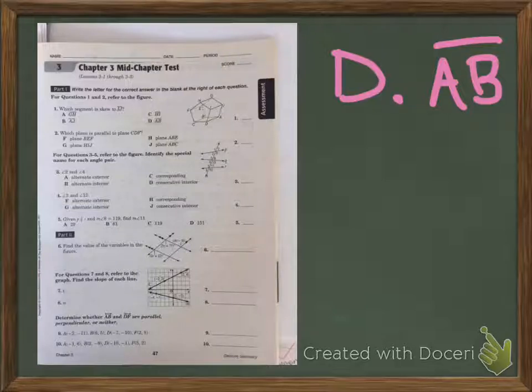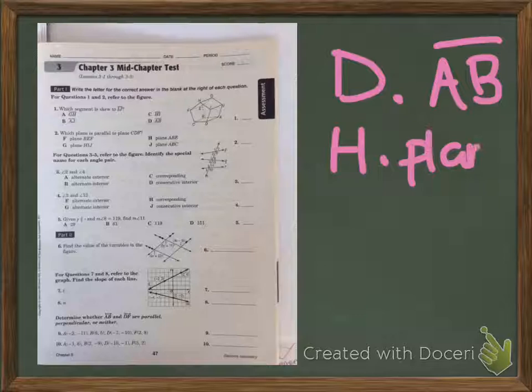So we would just list 3 of those letters. It looks like ABE are the 3 letters that they chose, which is letter H for number 2. So plane ABE.